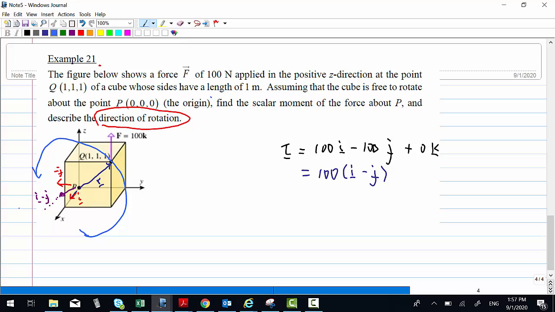Okay, the axis of rotation is in the direction of i minus j. So I hope this will answer the question. As the force acts on Q, as P is fixed, the cube turns around the axis i minus j. And i minus j is perpendicular to both r and F.